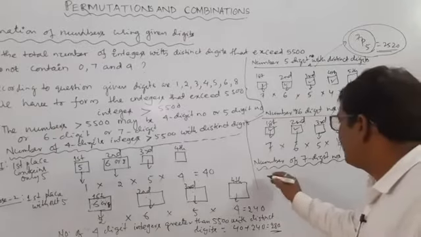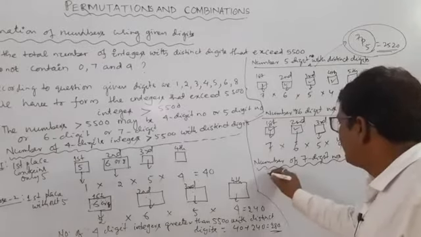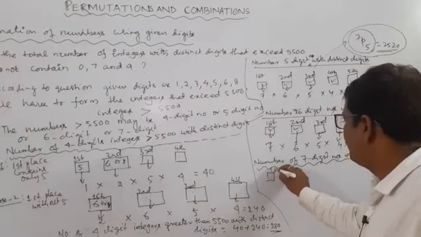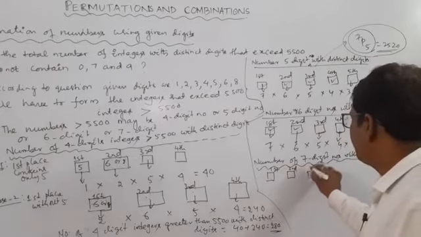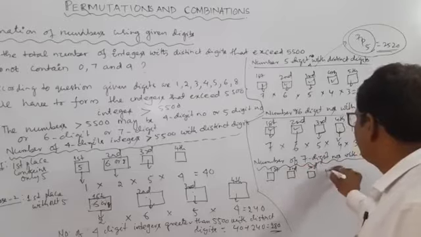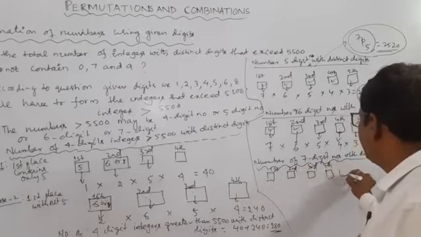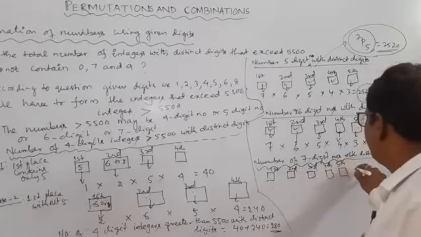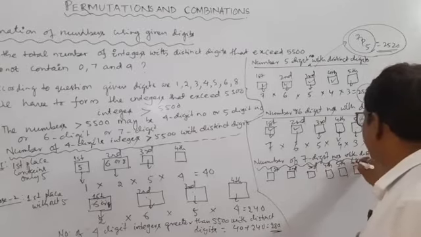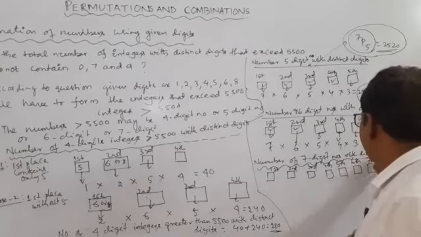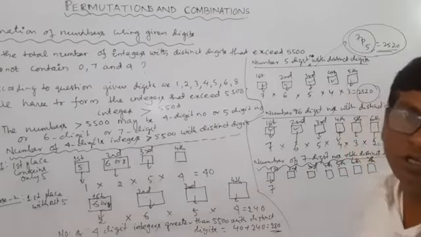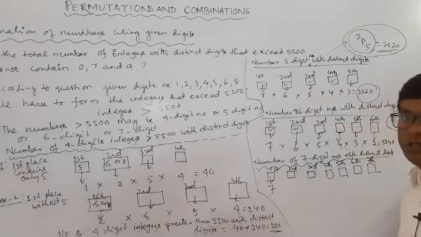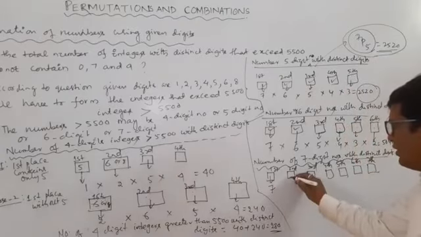Now the number of 7 digit numbers. This is the first place, second place, third, fourth, fifth, sixth, and seventh place. This can be filled in 7 ways. Repetition is not allowed, one digit is used, so this can be filled in 6 ways.